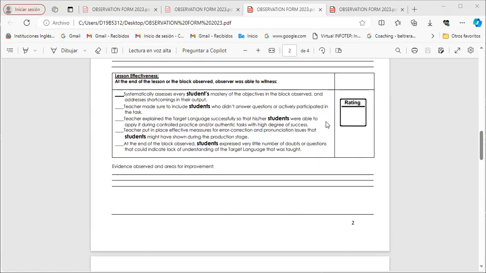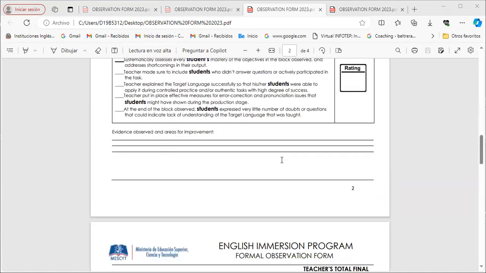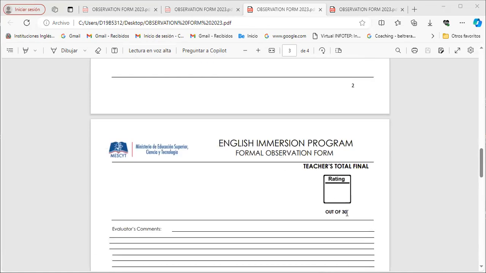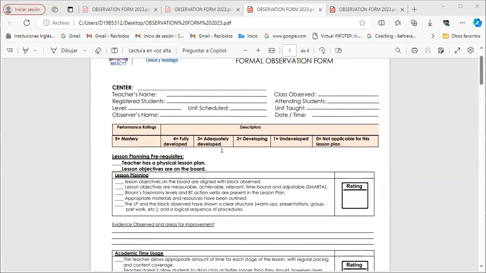Once you observe the whole rubric that is based on 30 points, that means that if you get 30 after you're observed as a teacher, you're doing a great job.